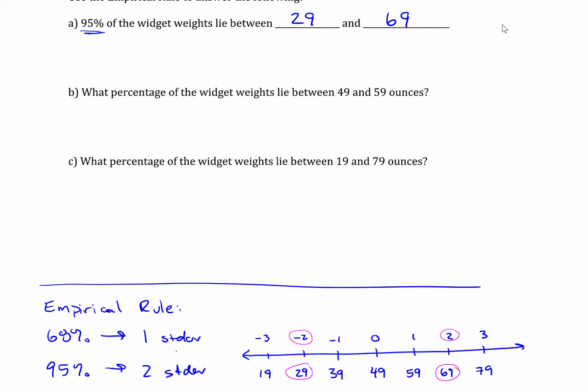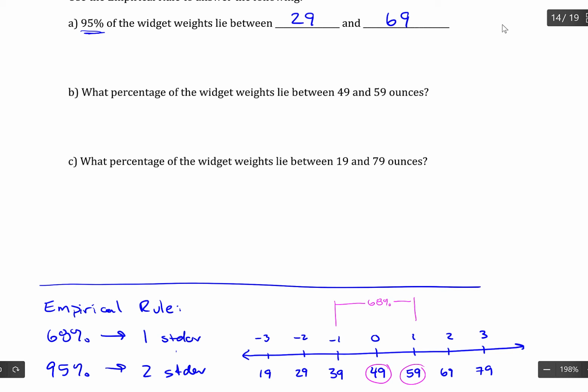Now, what percentage of the widget weights lie between 49 and 59? So 49 and 59, those values I see right there and right there. So there is 68% of the distribution's area between 39 and 59, because those are the values that are within 1 standard deviation of the mean.